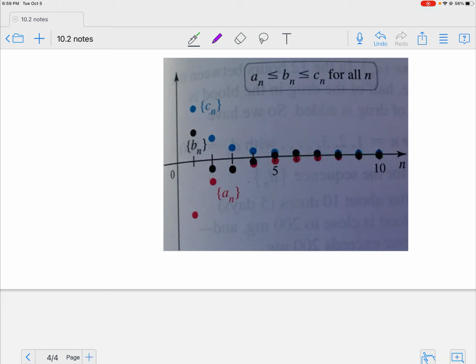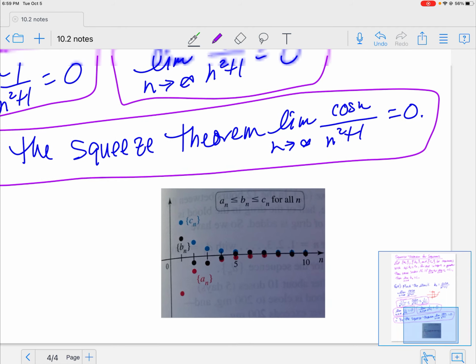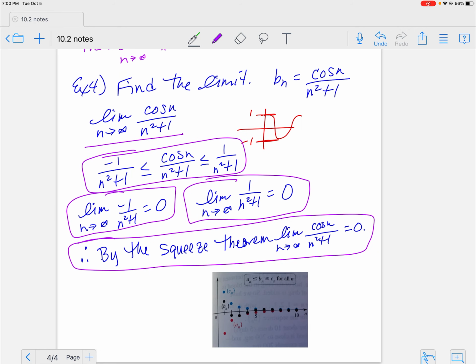Do you see that? Pretty cool, right? A is smaller, C is bigger, so B is squeezed in between them. You have to have those criteria for squeeze theorem just because it's a proof, but it's not too bad. You do that with your trig a lot of times. When your trig bounces back and forth between something, that's when the squeeze theorem is helpful.